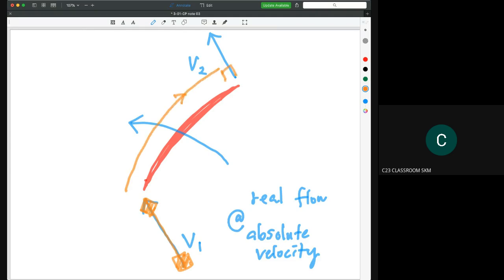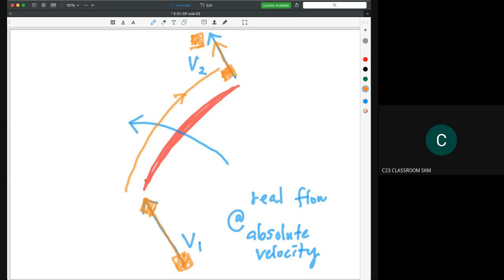This piece of paper will stay here, and then flow in this direction. So the absolute velocity is the real velocity that occurs inside the pump. You could measure the direction and the magnitude. That's why it is very important for you to draw the absolute velocity, the real one.